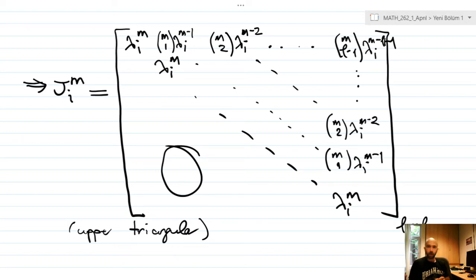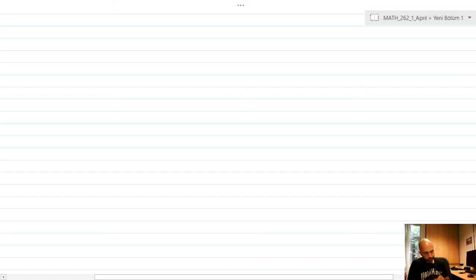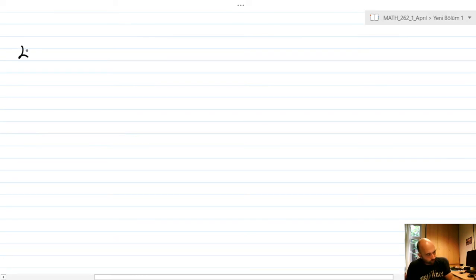Now, for the rest of the lecture, let us work on an explicit example. The example that I'll give is also among the exercises in the last set, though there it was the Jordan form itself, not the power.